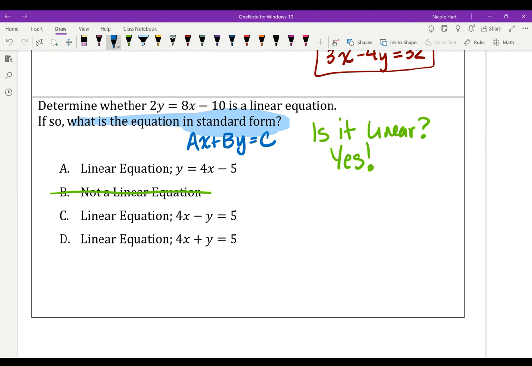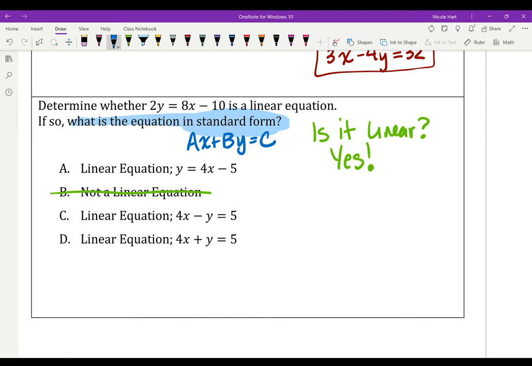So looking at your answer choices for A, C, and D. A says y equals 4x minus 5. C says 4x minus y equals 5. And D says 4x plus y equals 5. Two of those are in standard form.